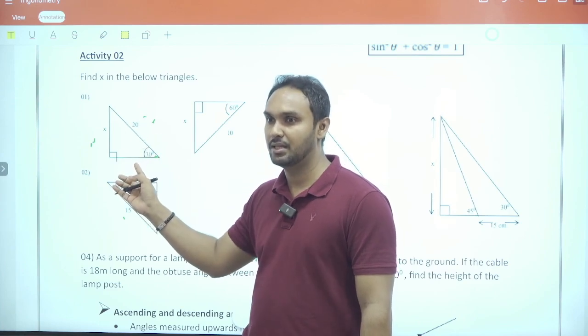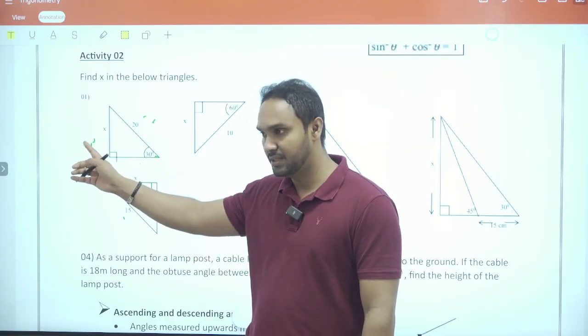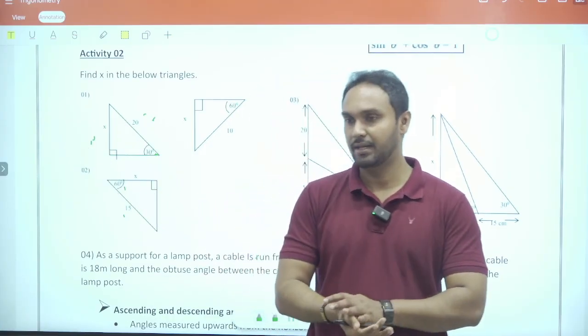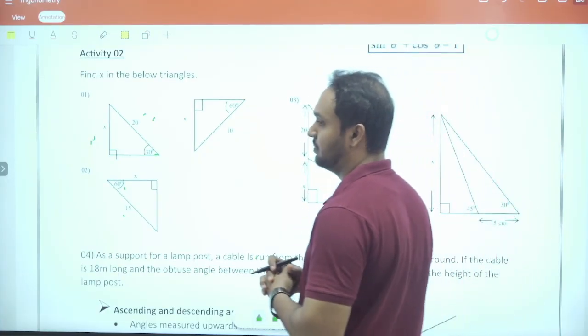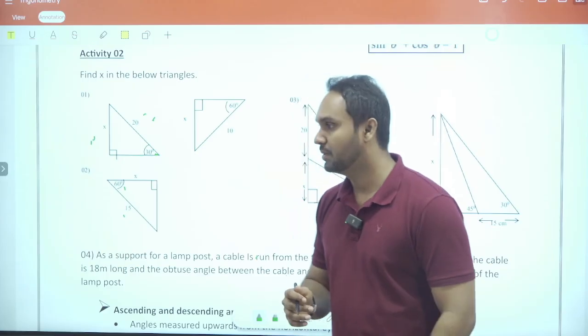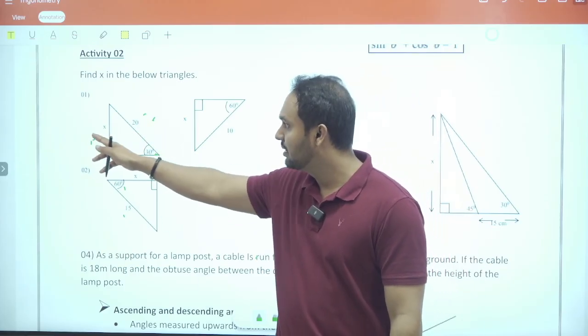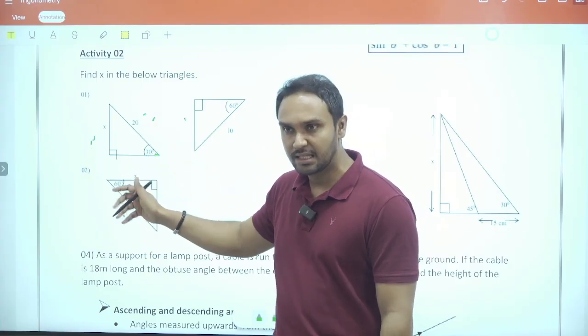So what is the ratio there? Sine, right? Opposite over hypotenuse to this angle. Likewise, try to identify which trigonometric ratio you should put depending on the values you are given. The 20 is here given, this side length is x, you have to find the x, and the angle here is 30 degrees, right?